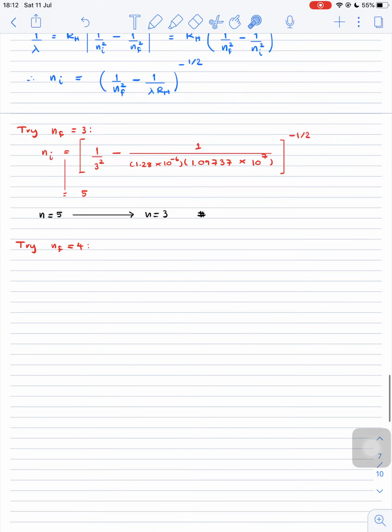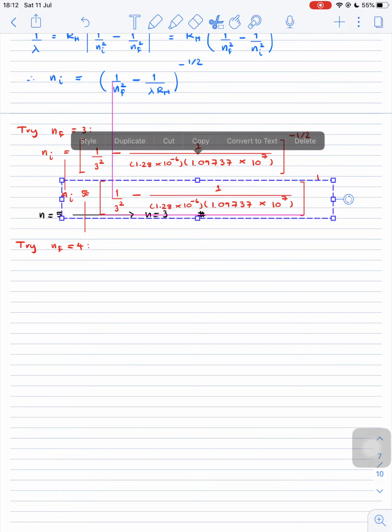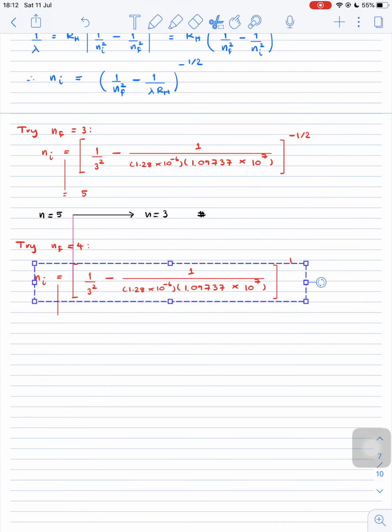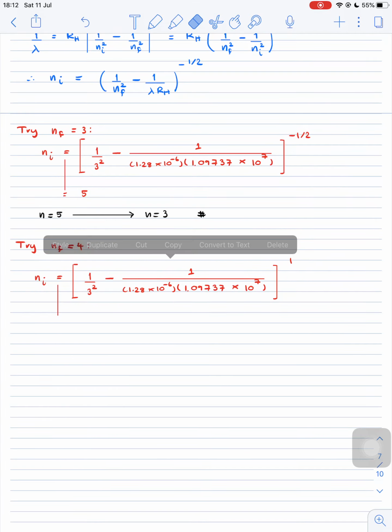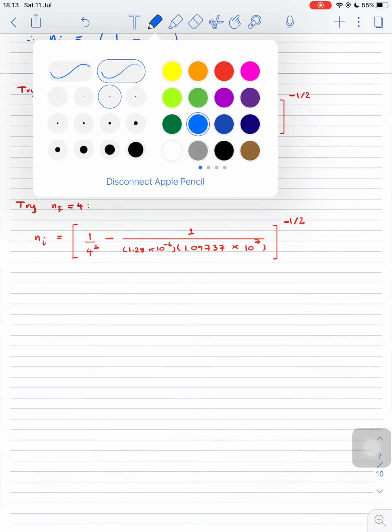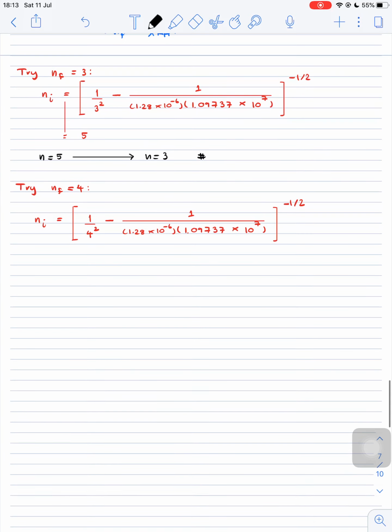Let me copy this. With 4 squared, this will be the minus 1/2. If you use a calculator, you won't get any answer.